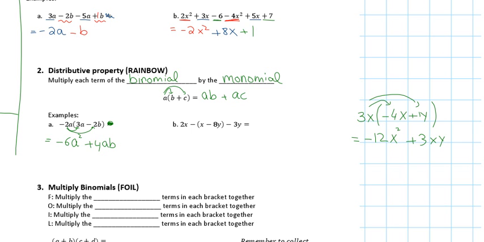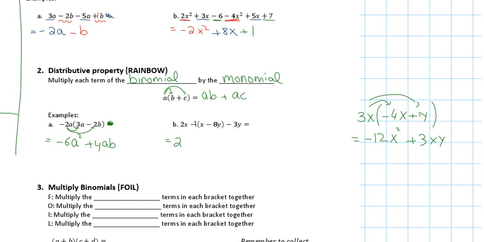This 2x is not multiplied by this, is it? Eyes on me, this is very important. A lot of people get this wrong. What am I multiplying that bracket with? Negative, which is a negative 1. Okay? It's an invisible 1.